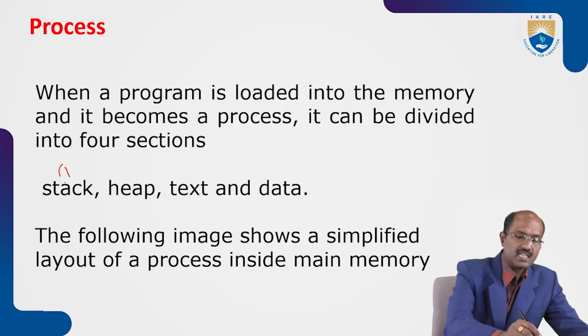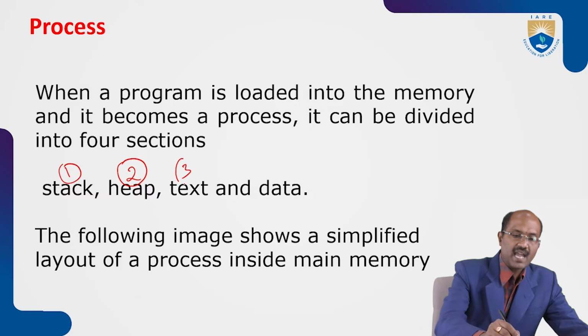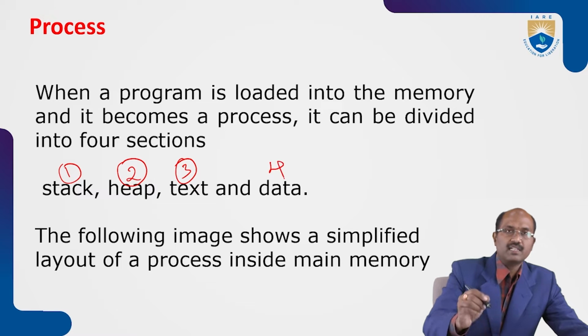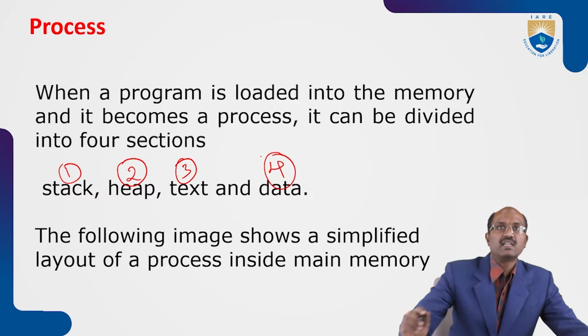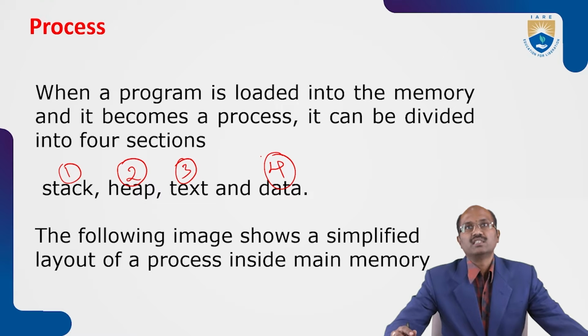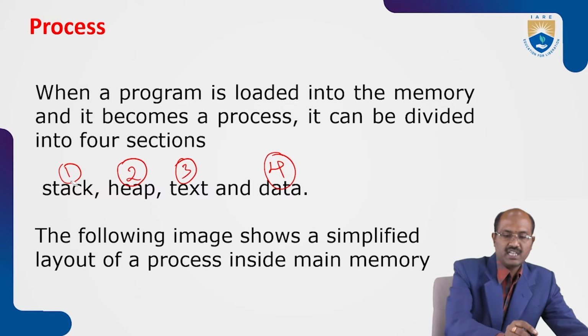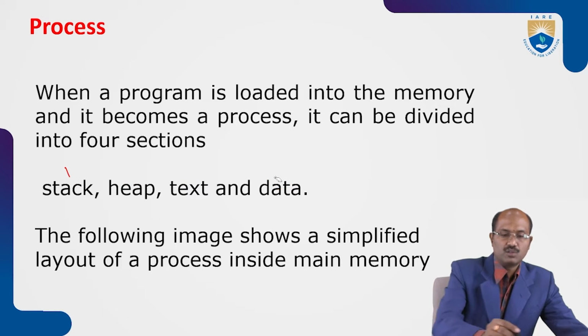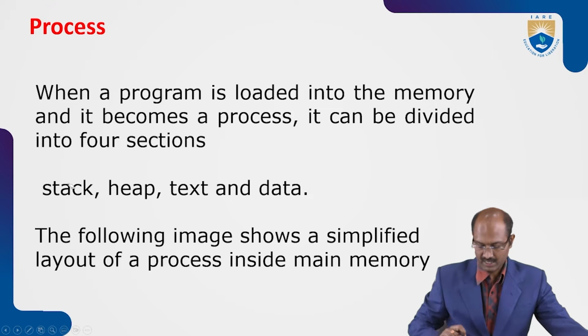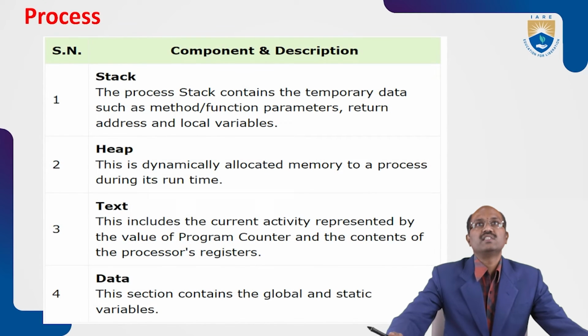One is the stack, second the heap, third the text, and fourth the data. We will see the main structure of the process in detail in my coming slide. This is the main table of the four sections of the process.